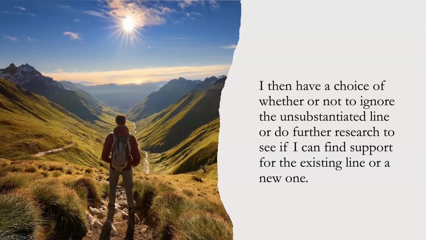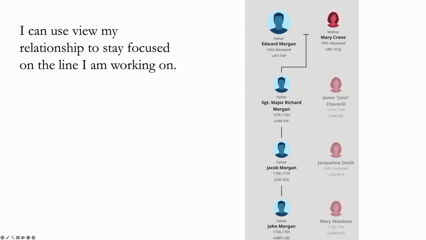You start in the present. And I can always use this view to stay focused on the line I'm working on. So as I go back, I can always come back here and say, okay, I've forgotten how I'm related to this person. Click, show my relationship. Now, if all of a sudden it says you don't have a relationship, then you probably strayed off your research path.